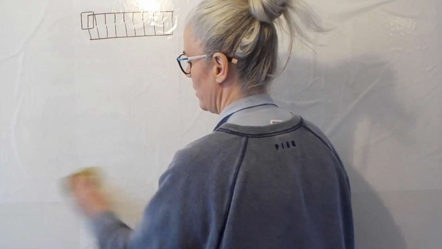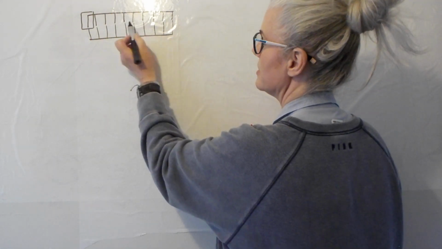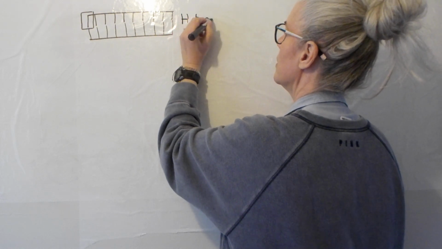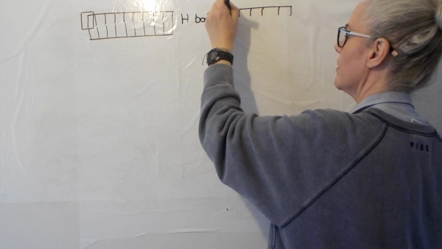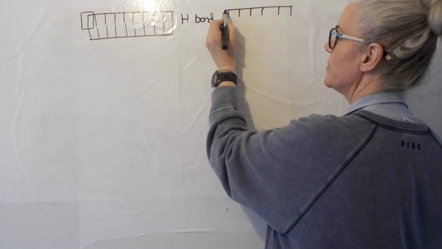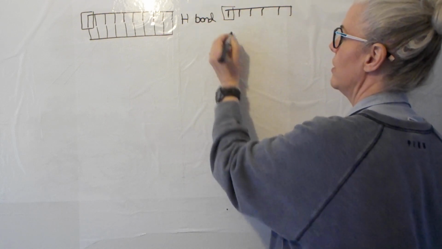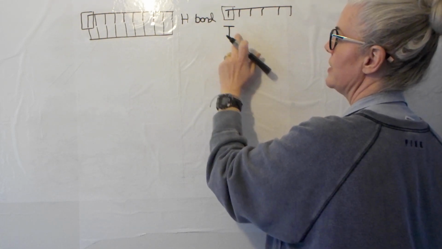So let's have a look at how DNA actually replicates. Now, these bases are held together by hydrogen bonds. So one strand of DNA has the phosphate, sugar, and nitrogenous base. So that would be one. So we just draw it like that. That's the base, that's the phosphate and the sugar.